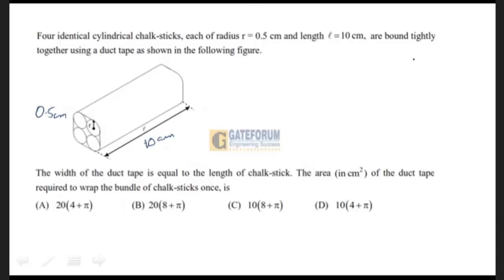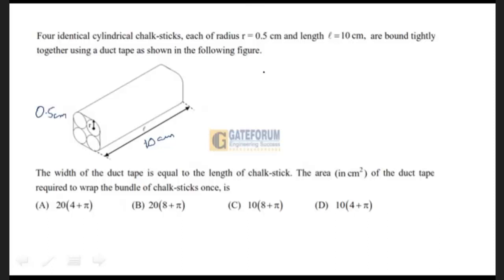They are bound tightly together using a duct tape as shown in the following figure. So 4 chalks are taken. Duct tape means those sellotape type, thick sellotapes used for packing materials, carton packing.